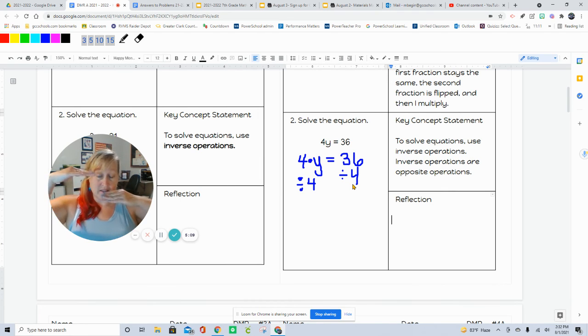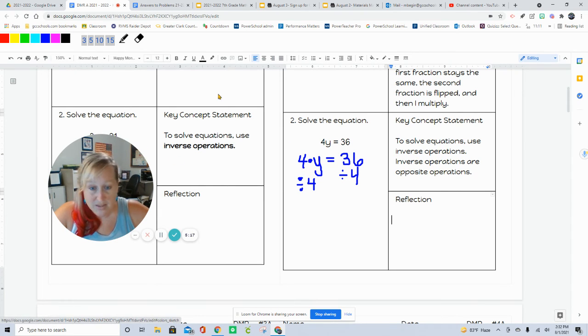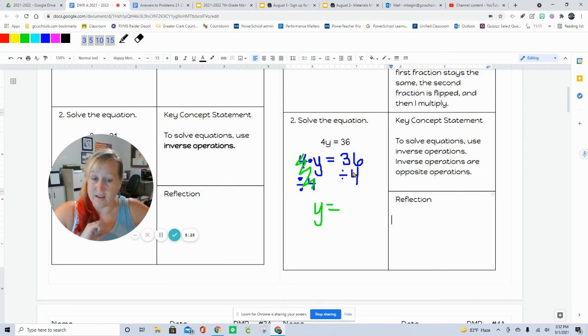If I divide this side by 4, I have to divide this side by 4. Now, magically, 4 divided by 4 disappears. You're left with y on the one side. That variable is isolated. And the other side is 36 divided by 4, which I should have mastered. 36 divided by 4 is 9. So my answer is y equals 9.